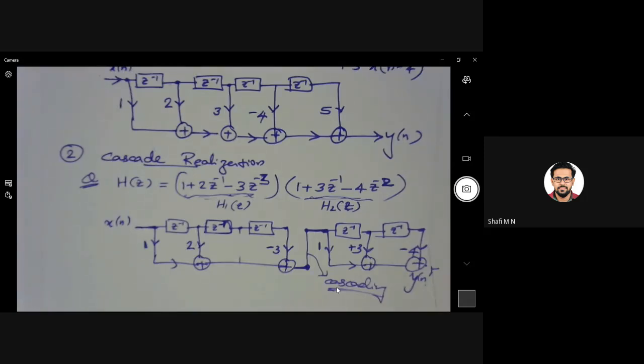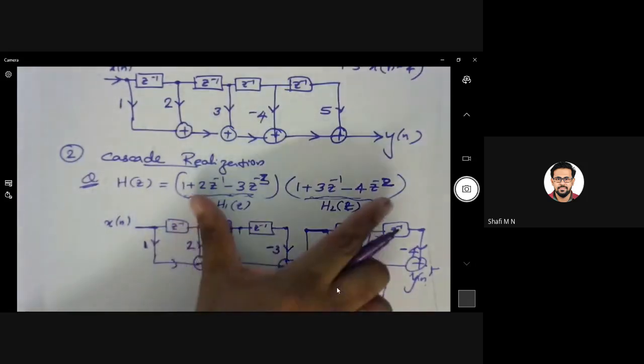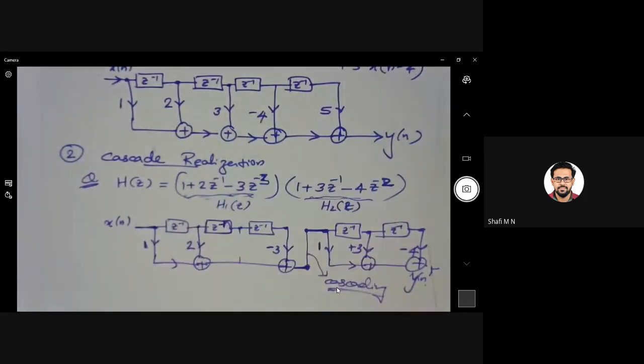So shall I proceed to the next question? Without splitting, I will give you a transfer function, and you have to split it.